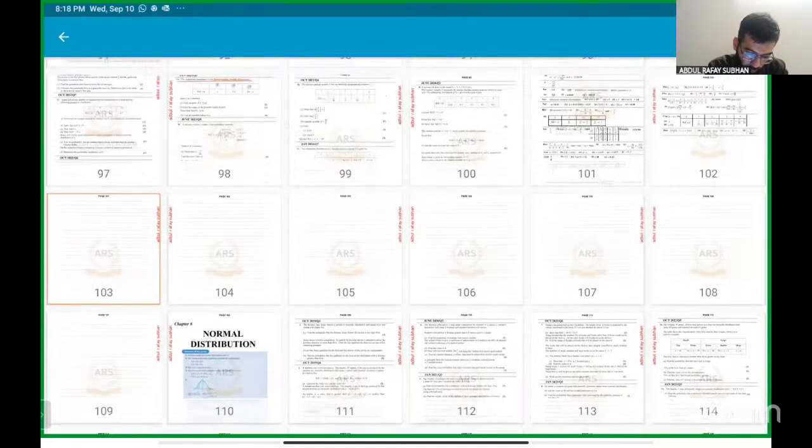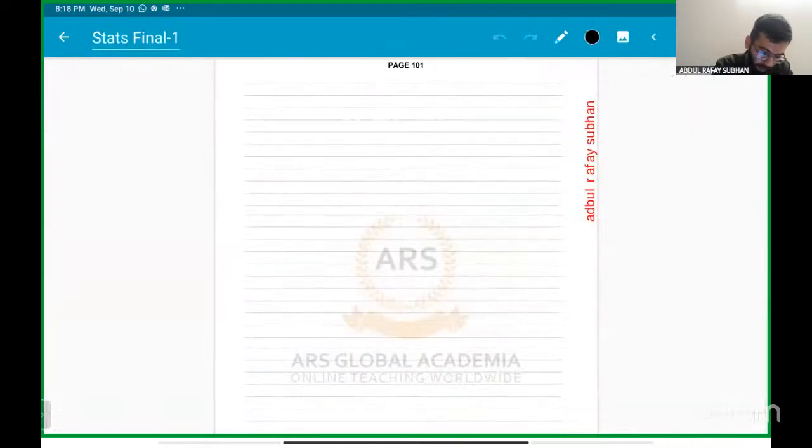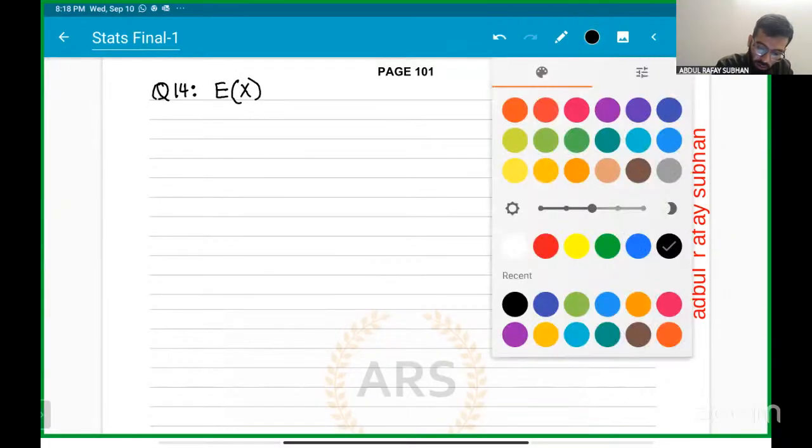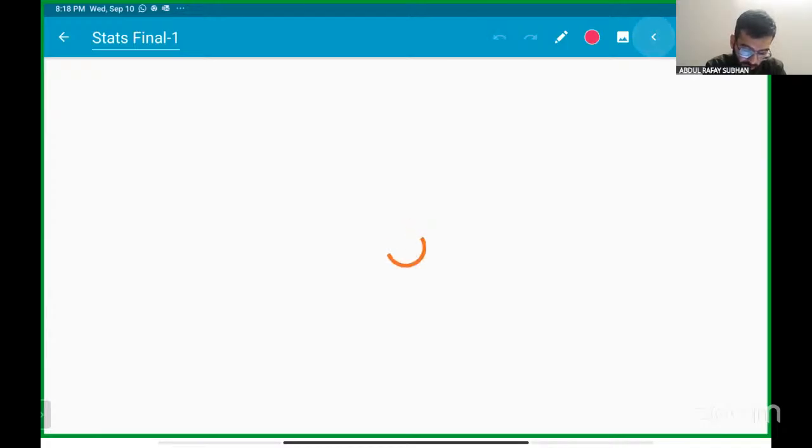This is question number 14 from the book, and we have to get the expected value. That is part A. How do you get the expected value? It is also called the mean, written E(X).